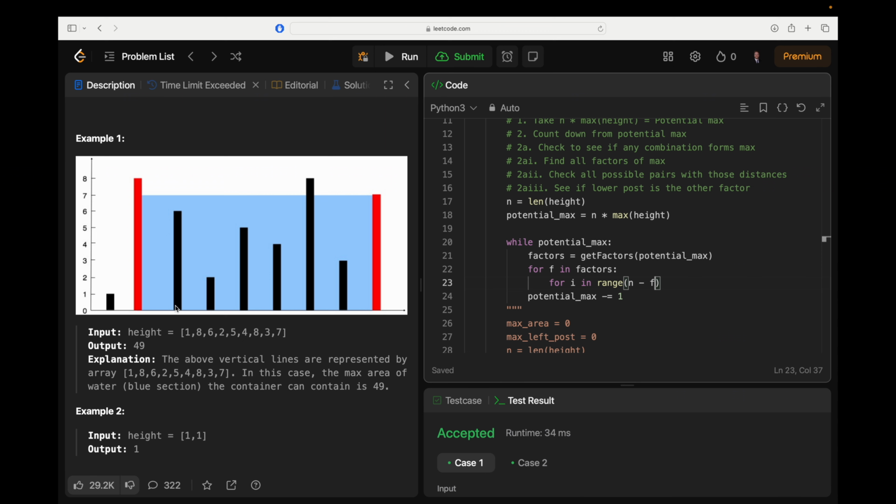Actually, would it be 72? Because this is 49, because it's 1, 2, 3, 4, 5, 6, 7. That's 7 tall. So it'd actually be the length of height minus 1.